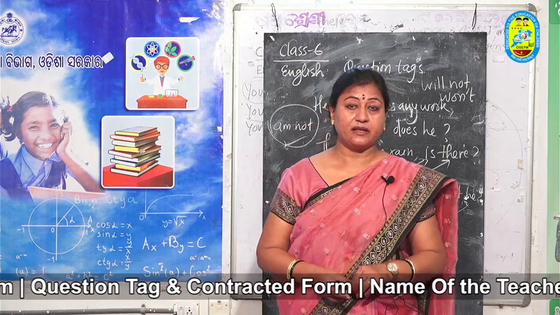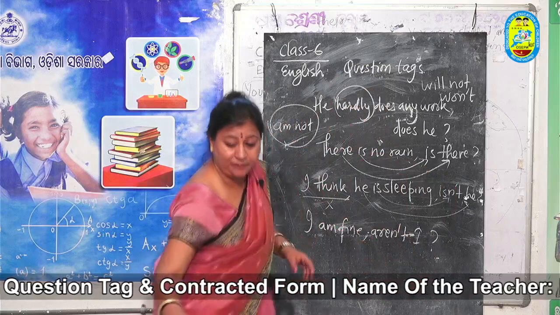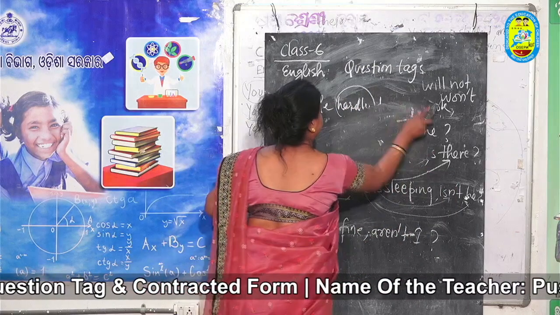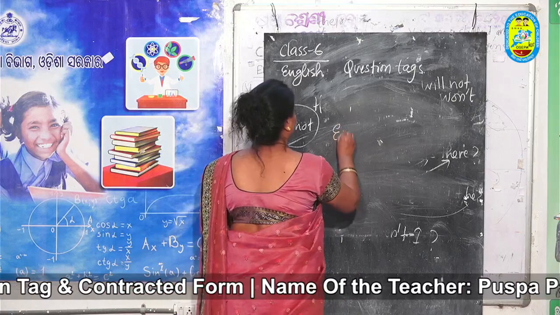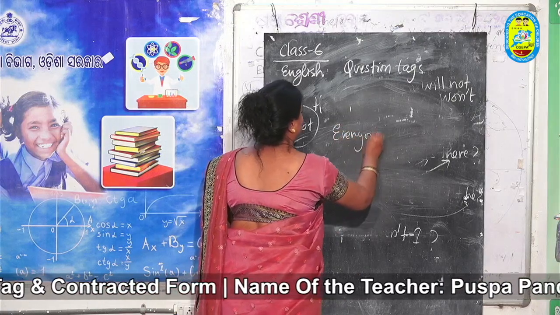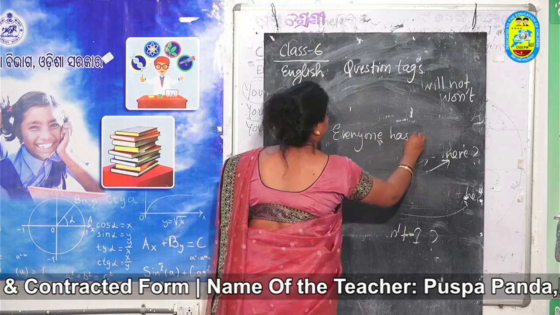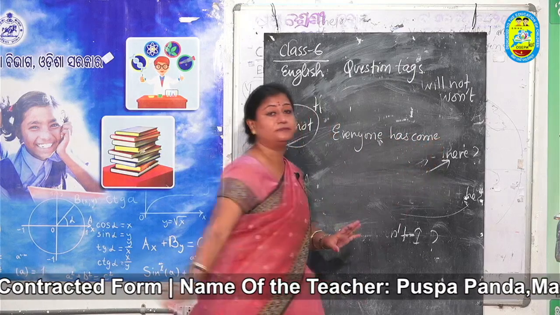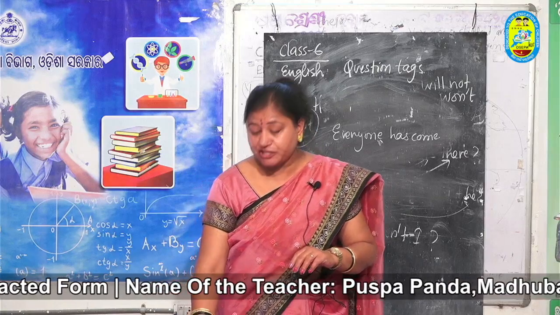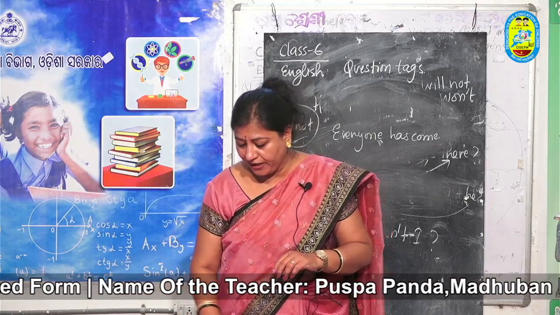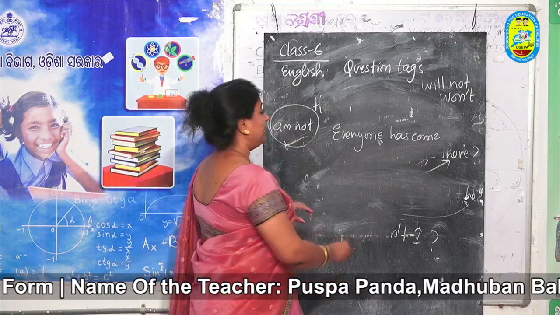Hasn't he? I will write it for you: everyone has come. Everyone, these are singular words. I told you: each, everyone, everybody, nobody. So everyone has come. Hasn't he?